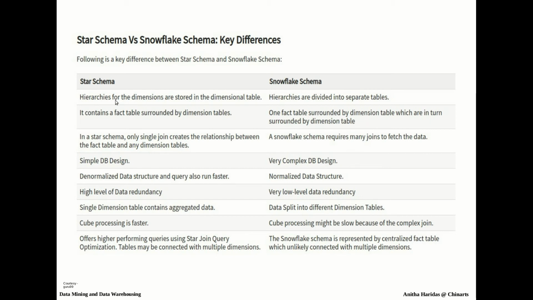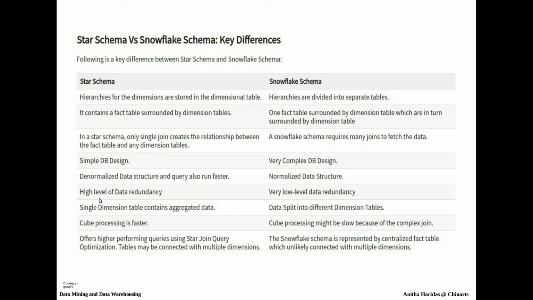The hierarchies for the dimensions are stored in the dimension table itself, but in the snowflake schema we are going to divide them. And in star schema, only a single join creates the relationship between the fact table and dimension table, but snowflake requires many joins. One fact table is joined with one dimension table, that will be again joined with another dimension table, and so on.